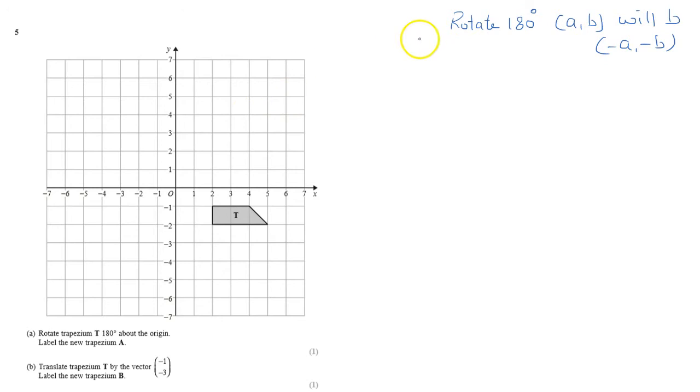So let's see the coordinates of T. Let's say these points are A, B, C and D. The coordinate of A is (2, -2). Coordinate of B will be (5, -2).